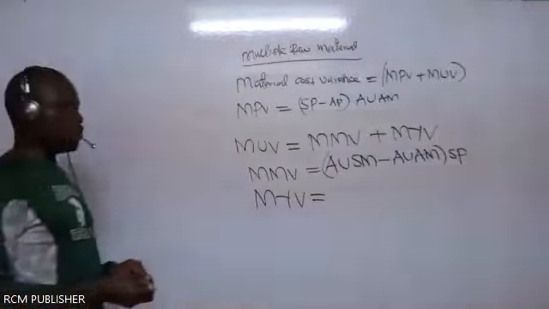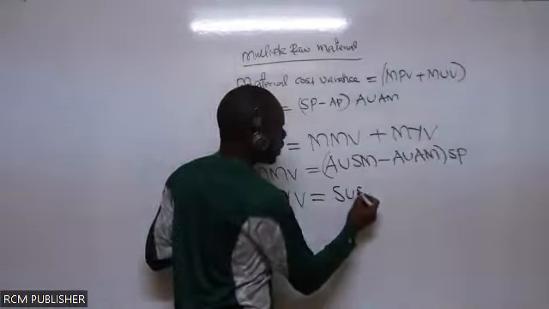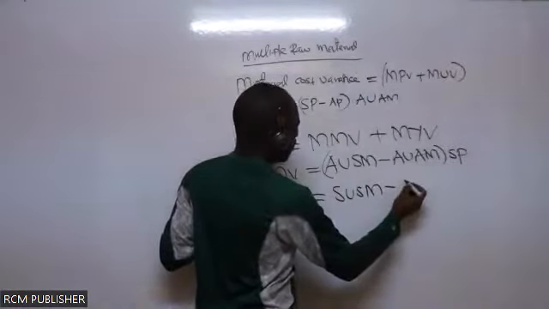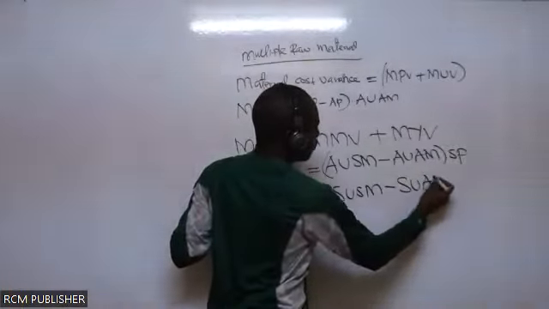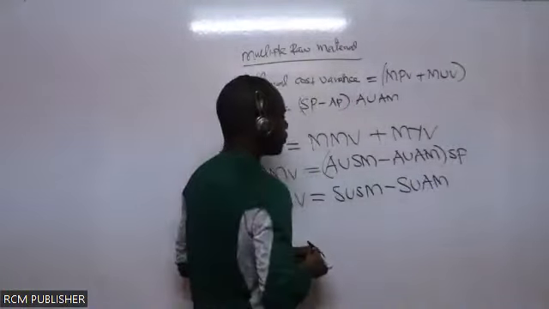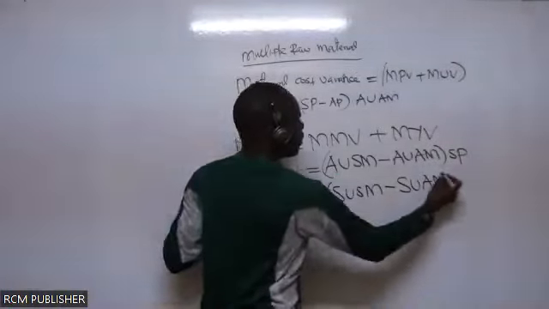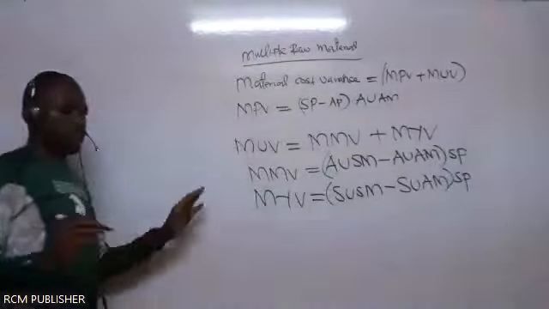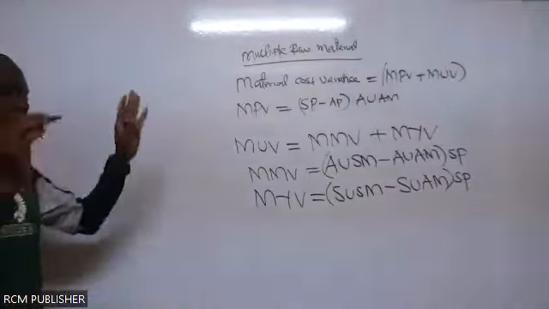So that's where we apply the standard usage in standard mix minus standard usage in actual mix, then we multiply by the standard price. That is what you need to put in place.